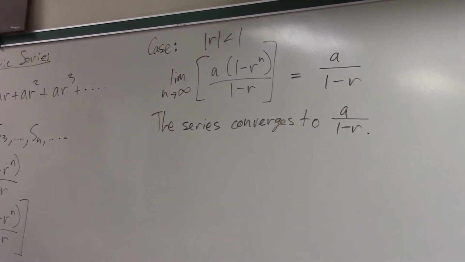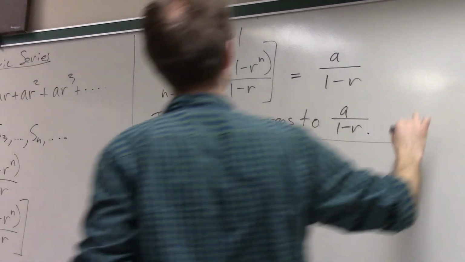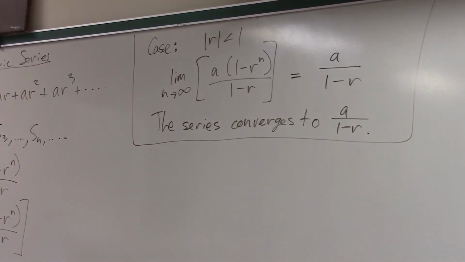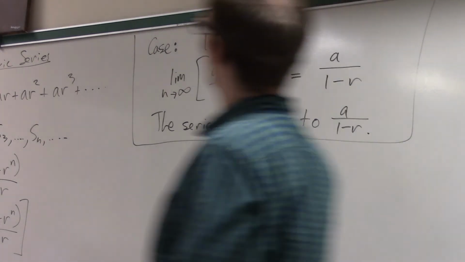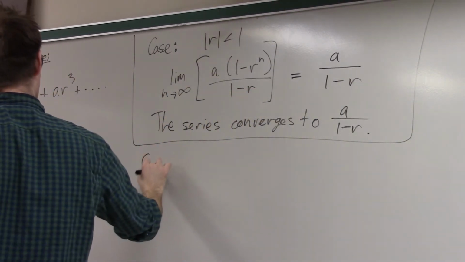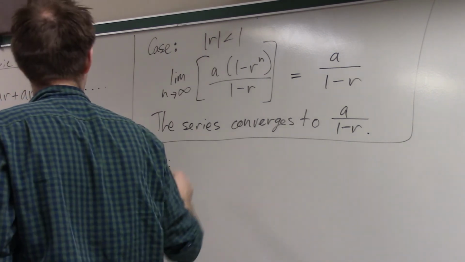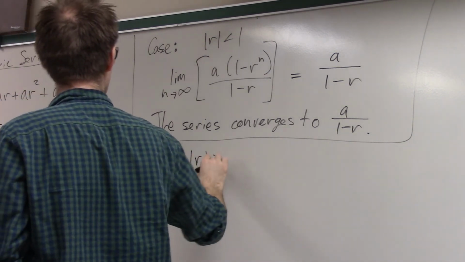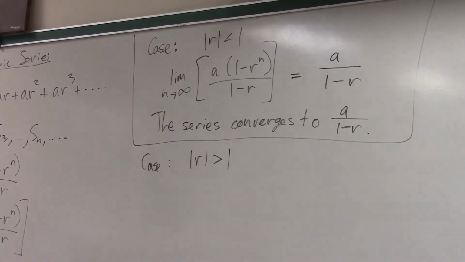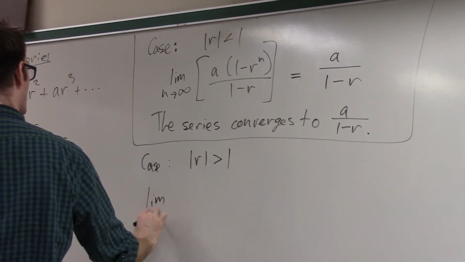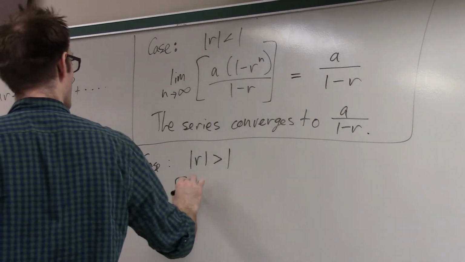Okay, that's matching with our intuition that if r is a small number, less than 1, then this should work out. An even stronger intuition is that if the size of r is bigger than 1, it should not work out. So now let's consider that case. If r is really big, again we need to see what happens to the partial sums.